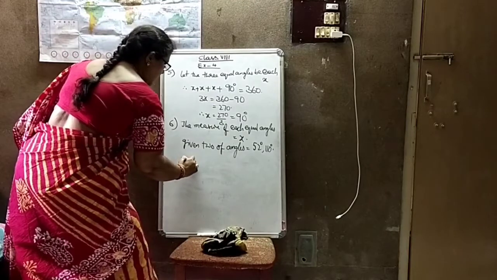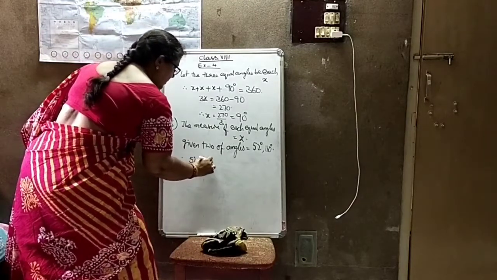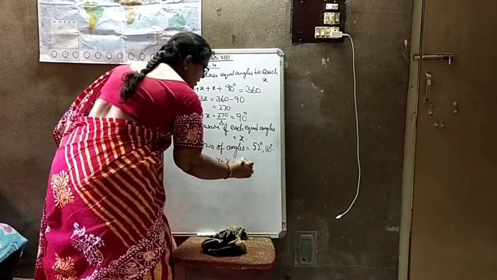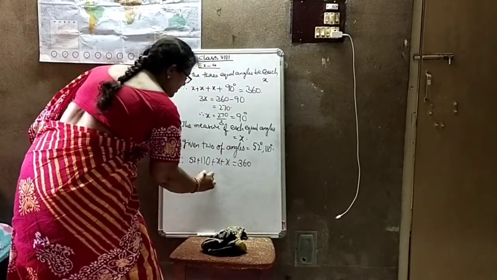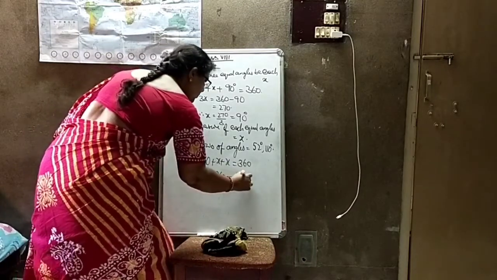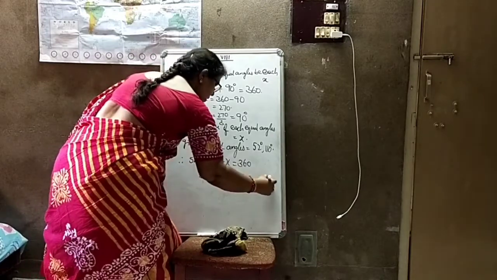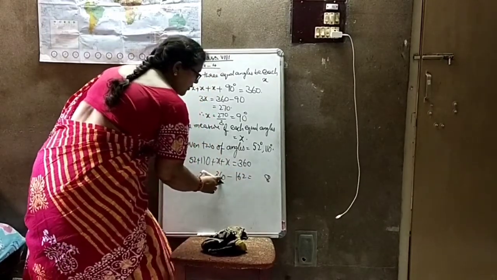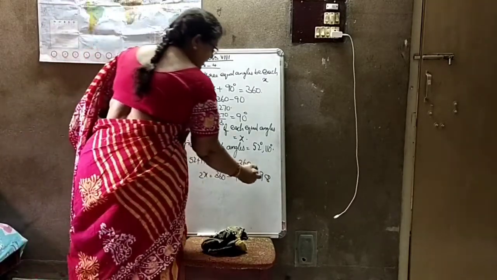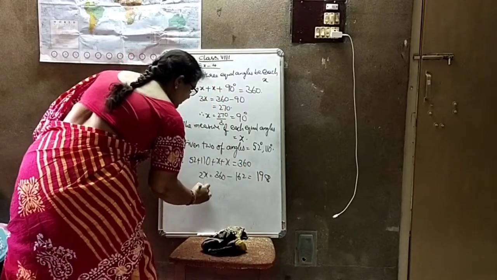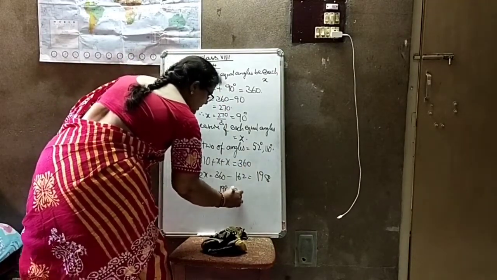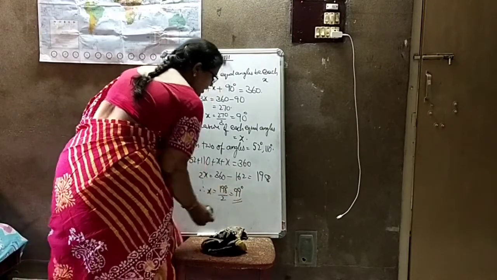Therefore, 52 plus 110 plus 2x is equal to 360. The process is the same. So 2x is equal to 360 minus 162, which is 198. Therefore, x is equal to 198 by 2, 99 degrees each.